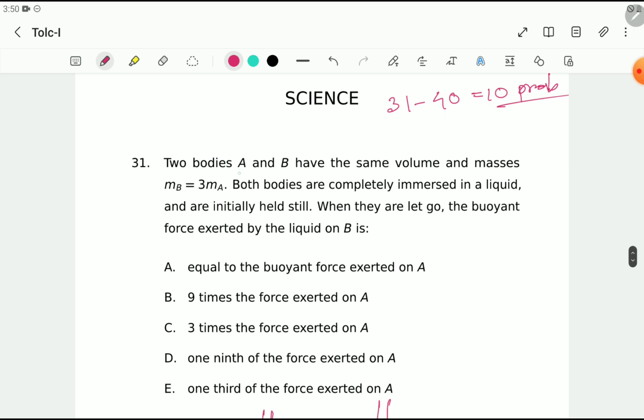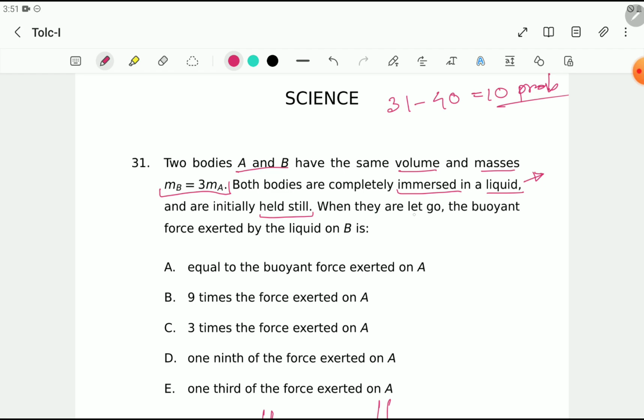Two bodies A and B have the same volume and masses. The given relationship is mb equal to 3ma. Both bodies are completely immersed in a liquid. The liquid we don't know, it could be water, it could be oil, or any kind of liquid, and they are initially held still.